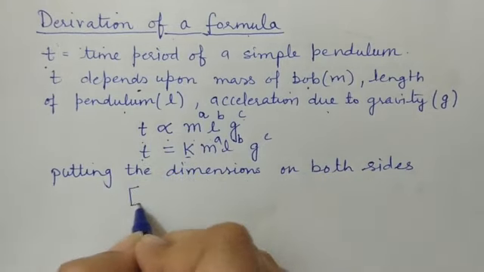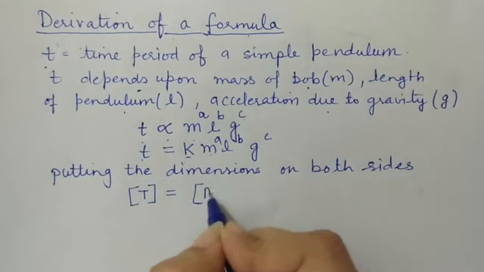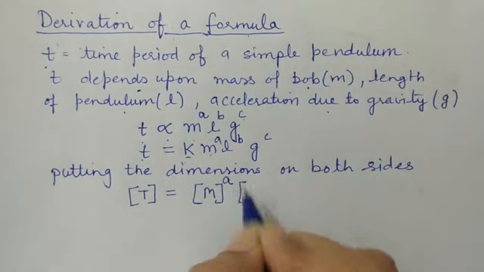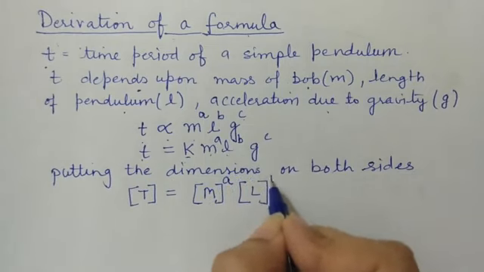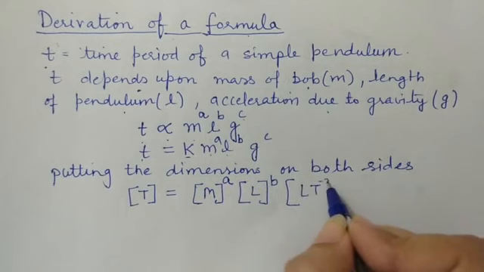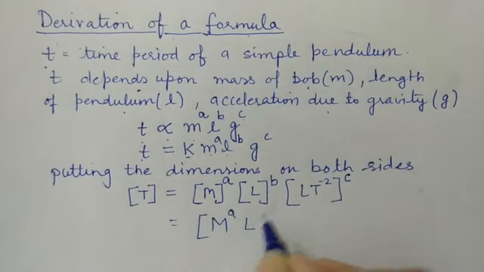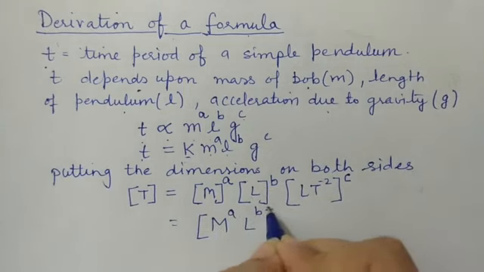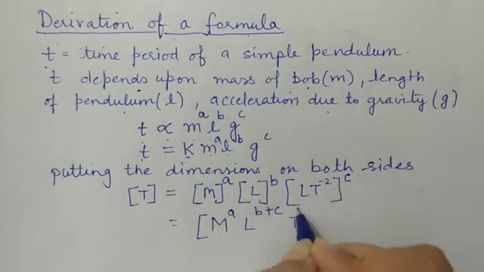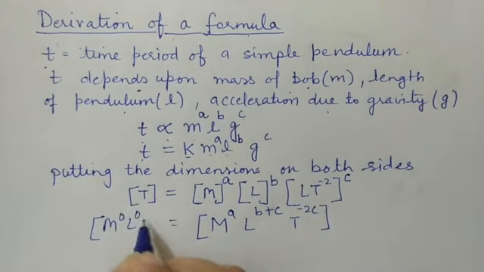Time period has dimension T, equal to M^a for mass, L^b for length, and acceleration has dimension LT^-2, so (LT^-2)^c. Adding all these terms, this is M^a, L has power b plus c, and T is minus 2c. The left side T can be written as M^0 L^0 T^1.